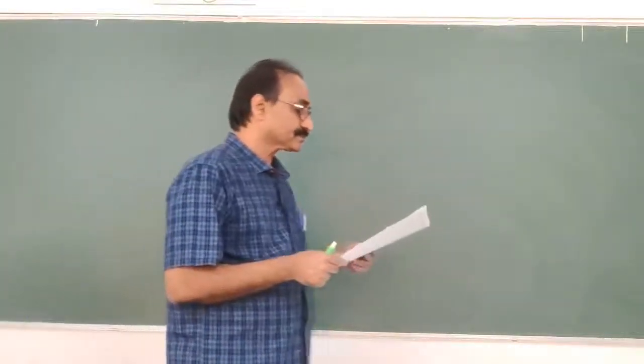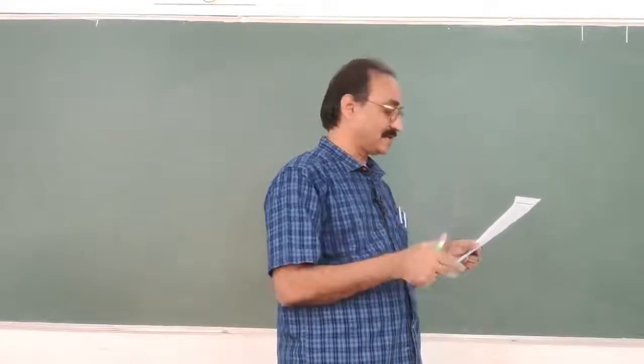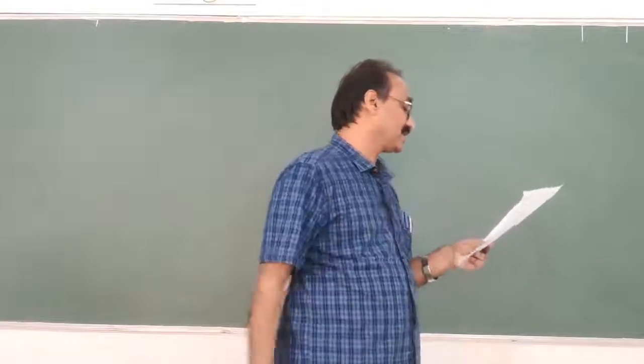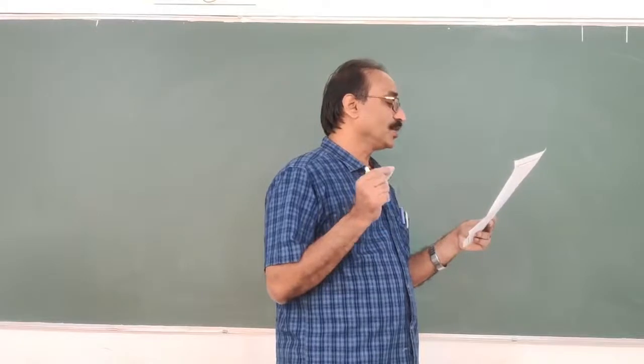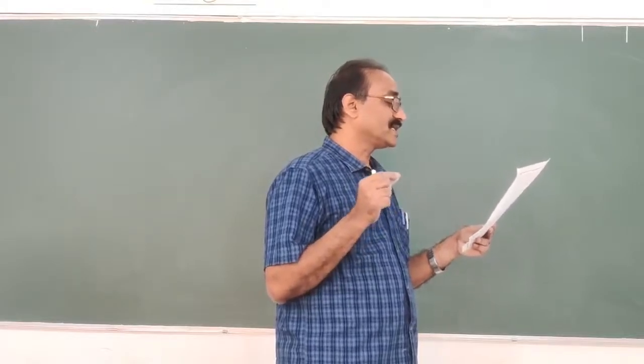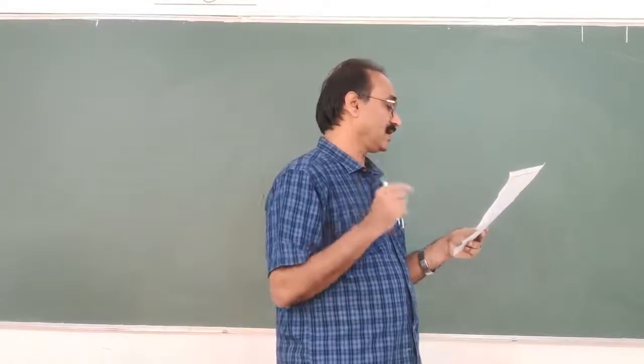See now, the first two problems were like this, with red balls. Now, what is the third problem? Of the students in a college, it is known that 60% reside in hostel and 40% are day scholars.